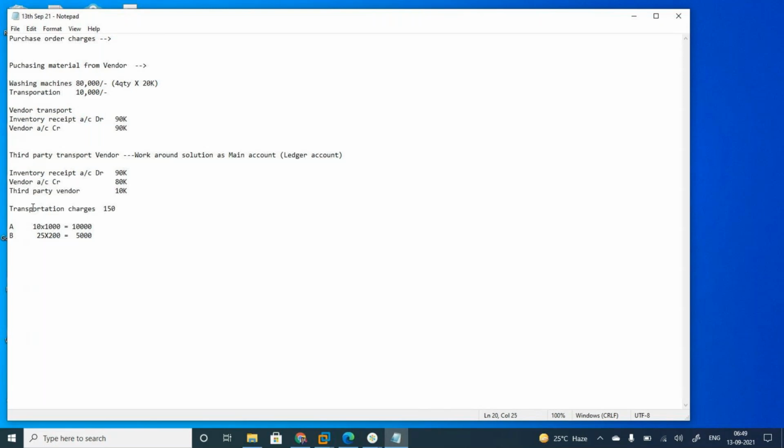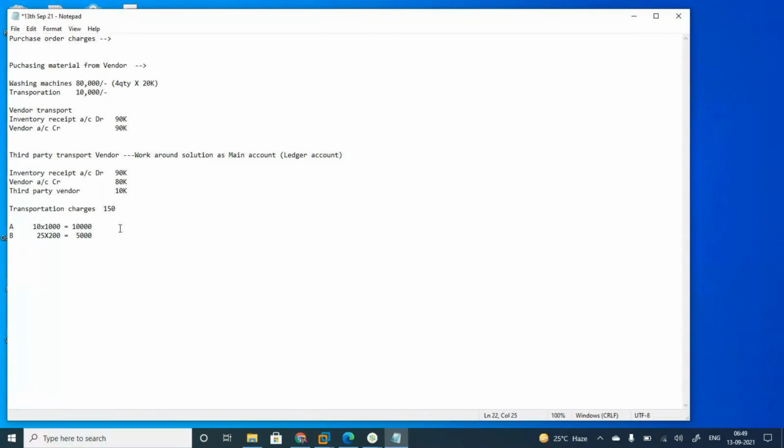Transportation charges $150. Now here, can I apply $75 here and $75 here? Is it fine? The charges I need to distribute. Can I or not? Should be based on quantity, sir. So there are many calculations.